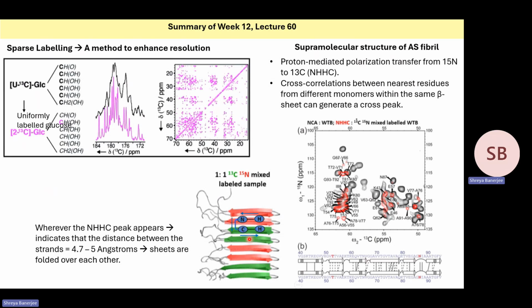So if the nitrogen and carbon are around 4.7 to 5 angstrom away from each other, then they will show a cross peak in this NHHC experiment. You can see this is the NHHC experiment. The black is the one where it is mixed labeling.